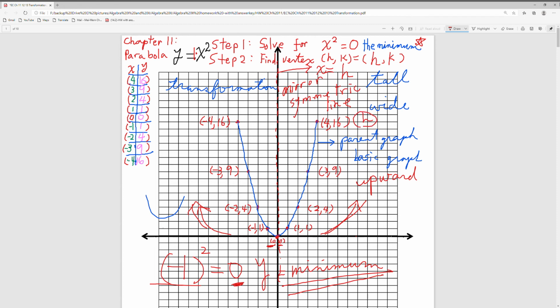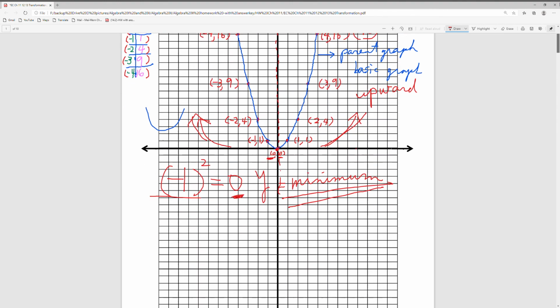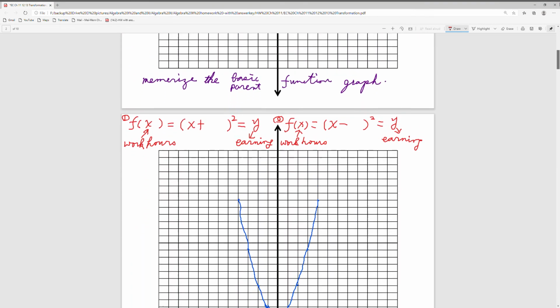For a vertical line, you need x equals something. And the maximum or minimum value, k, is the y value. This is my first page. You should memorize this basic graph.